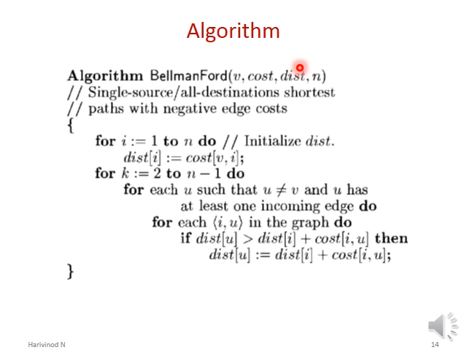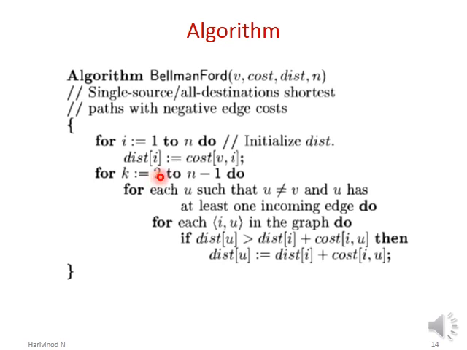It is a one-dimensional array. N is the total number of vertices. We initialize dist of I with the cost matrix from V to I. It is nothing but the edge weights from V to I.